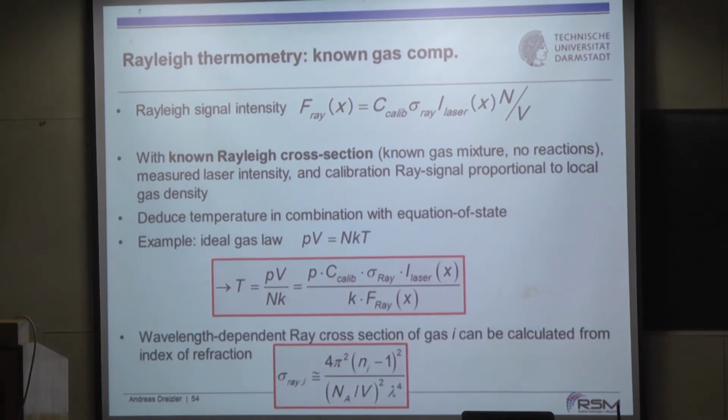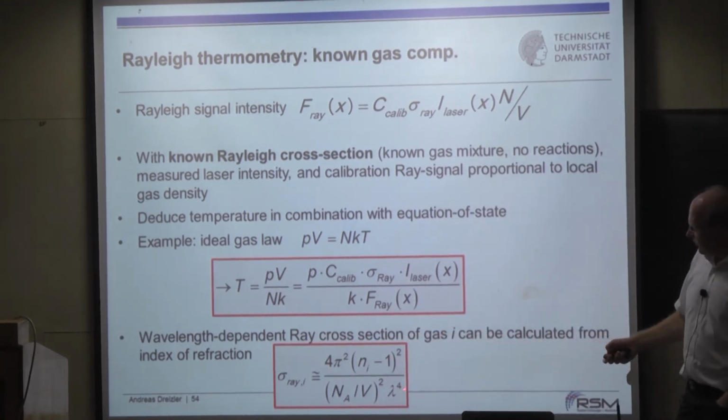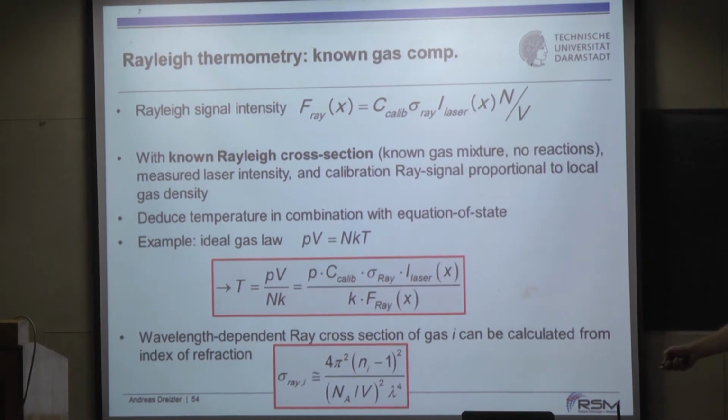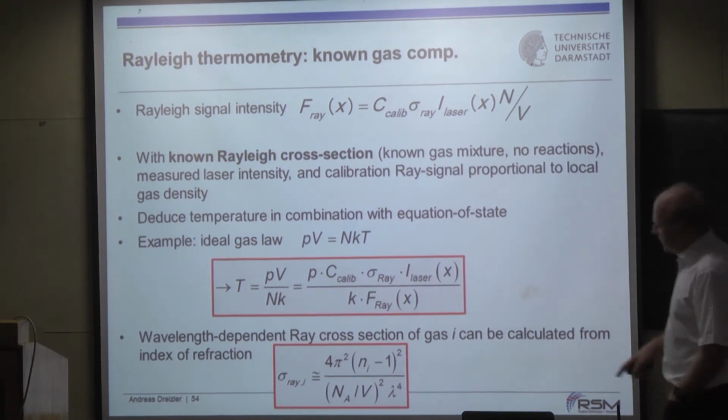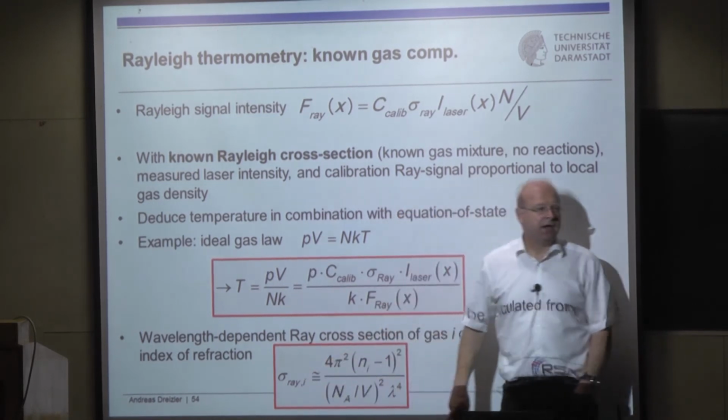The Rayleigh cross-section can be estimated with this formula, where you have here the wavelength of the excitation that is known, okay, and the refractive index of the gas species. And that is different from O2 to N2 to CO2 to water and so on. And that makes that this Rayleigh cross-section is dependent on the chemical species i.